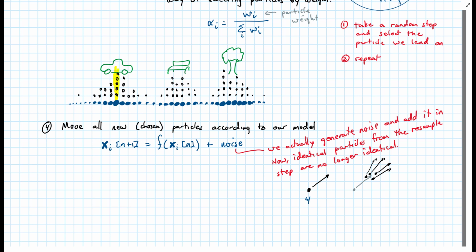In the same way, we will have particles that are bouncing around the bench and the tree, but they will become less and less, and as they bounce out of the way, they will disappear. So that in steady state, there may be few or no particles associated with the bench or the tree, and all the particles will be associated with the car.